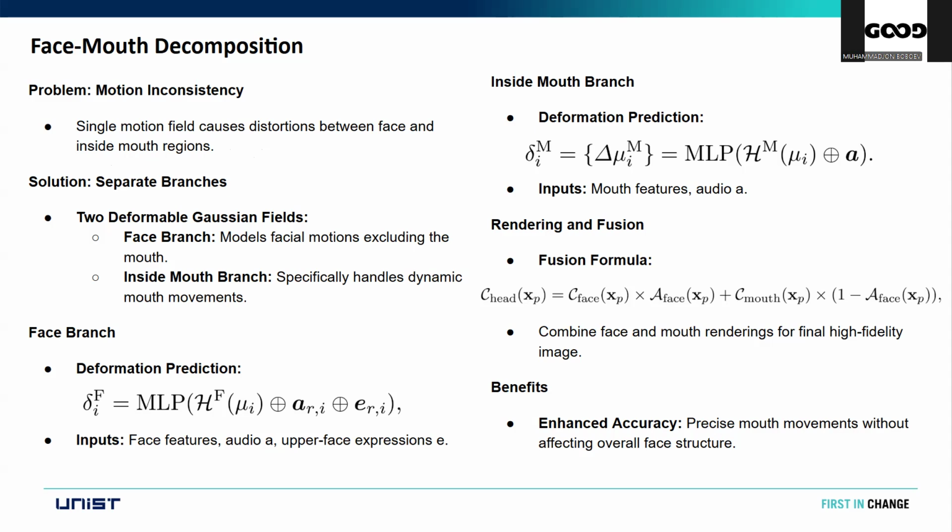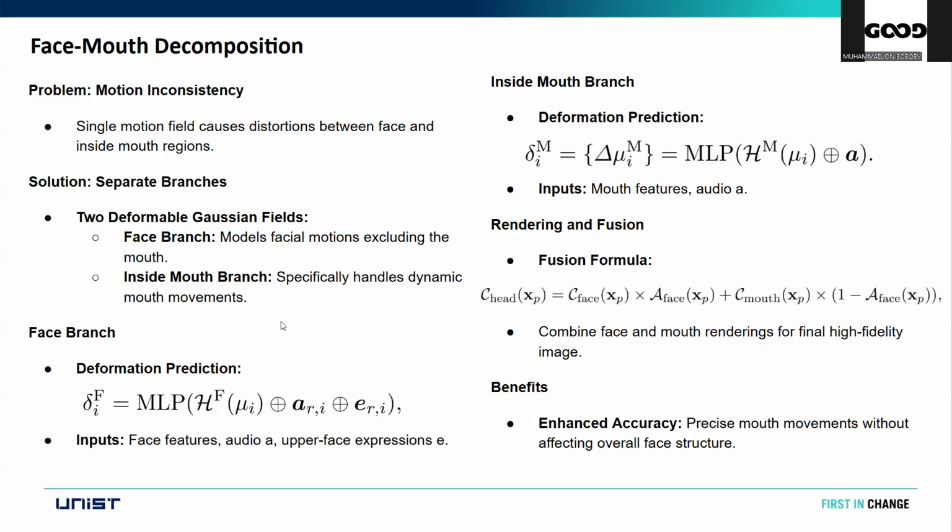So rather than tackling all the changes with a single motion field, it's better to have a separate dedicated branch, or deformable Gaussian field, to capture the differences between the face and the inside-mouth branch. So they use two deformable Gaussian fields, one for each branch.